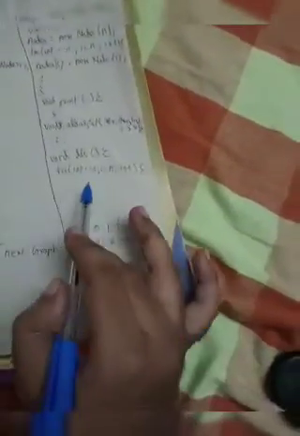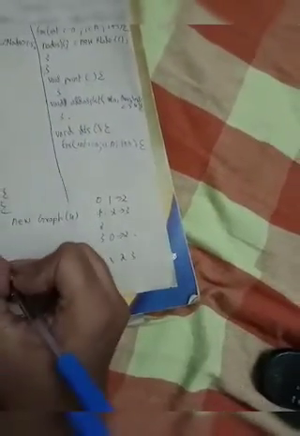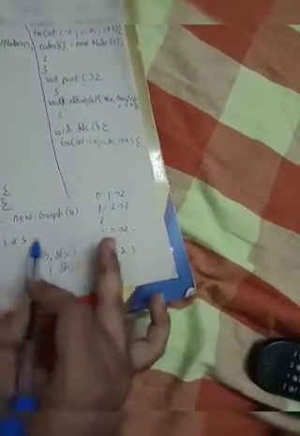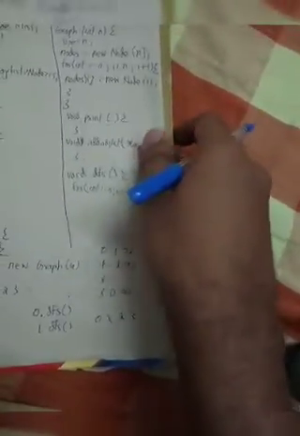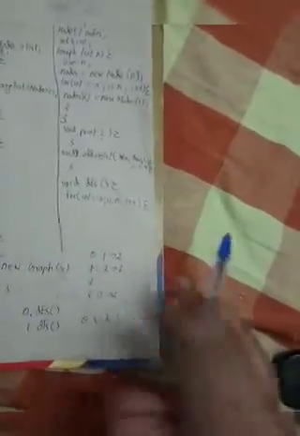For int i is equal to 0, less than n, i plus plus, as the array contains 0, 1, 2, 3, from 0 onwards it will go on and do the DFS method.